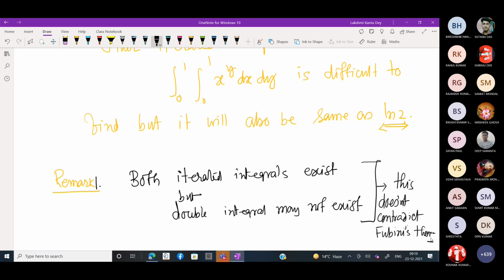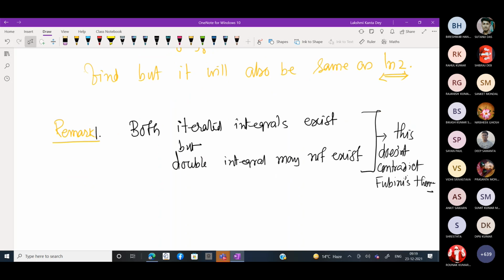Now my question is why? Why may there be a situation where both iterated integrals exist, but the double integral may not exist, and at the same time this does not contradict the Fubini theorem?